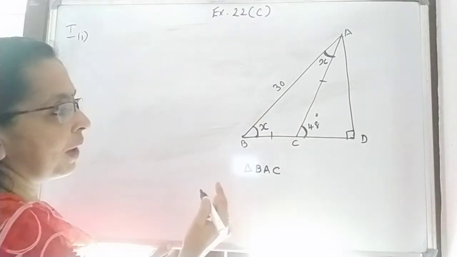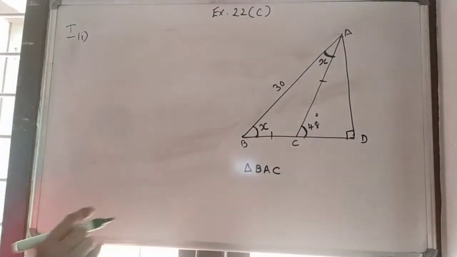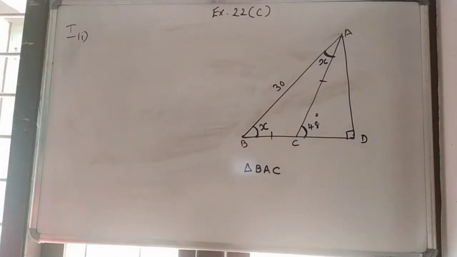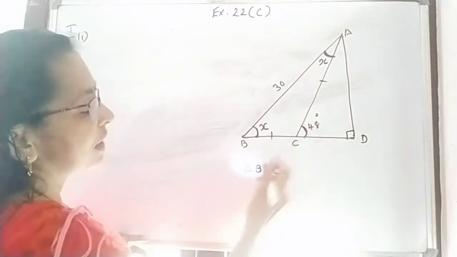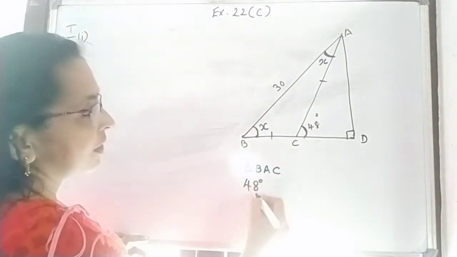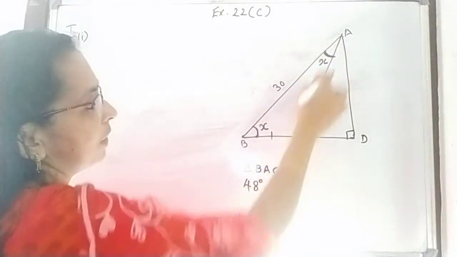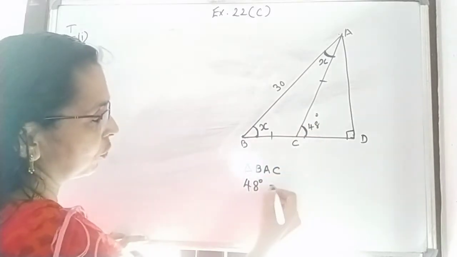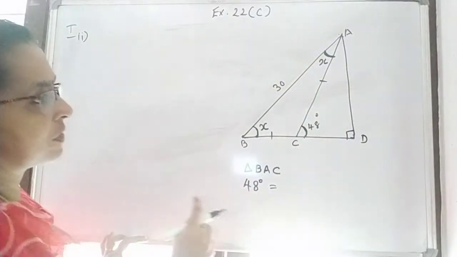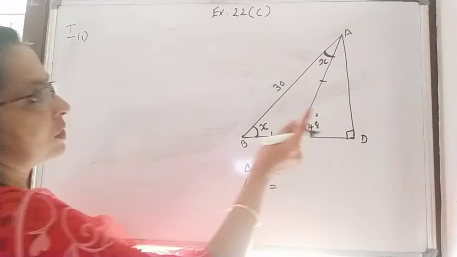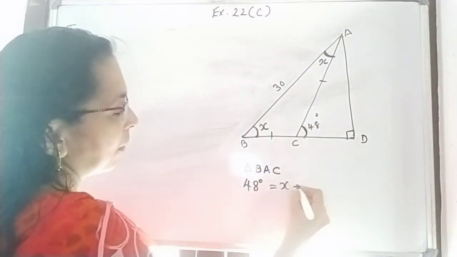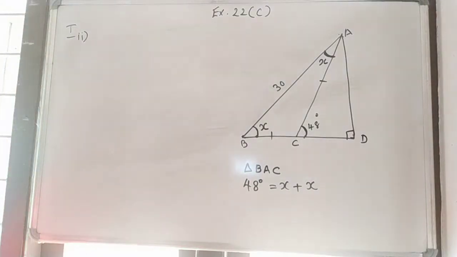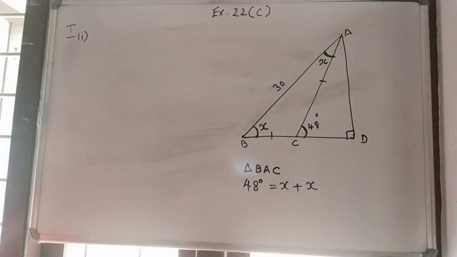We know the exterior angle of a triangle is equal to the sum of opposite interior angles, which are X and X. So X plus X is equal to 48.